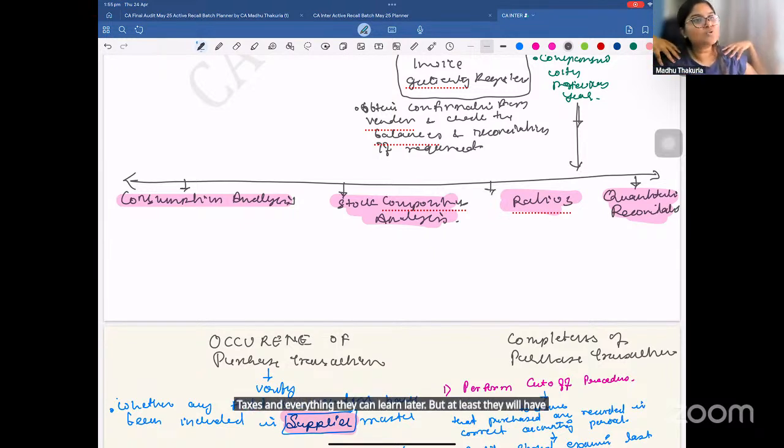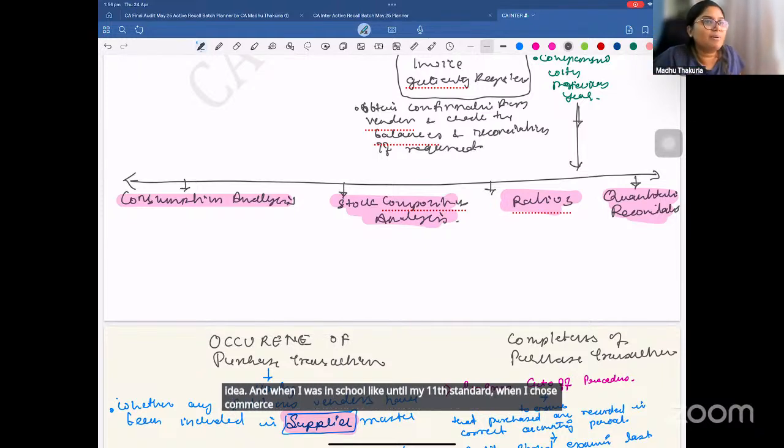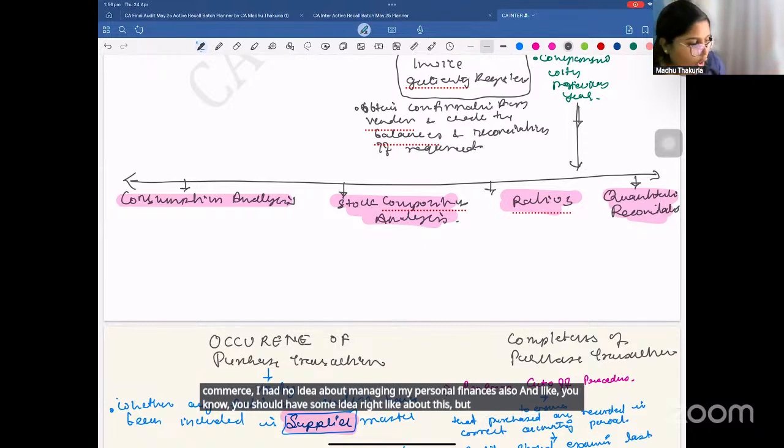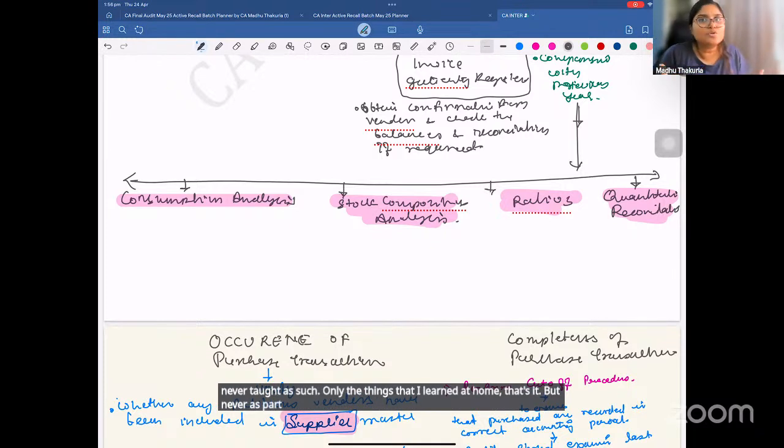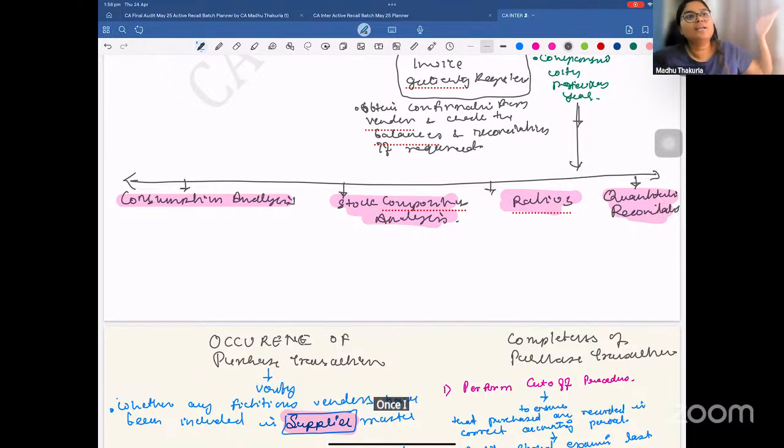When I was in school, until my 11th standard when I chose commerce, I had no idea about managing my personal finances. You should have some idea, but it was never taught. Only the things that I learned at home, never as part of the curriculum, so that I could choose that I want to go into investment banking. I could never take that decision. Once I came into CA, then I saw there are so many fields.